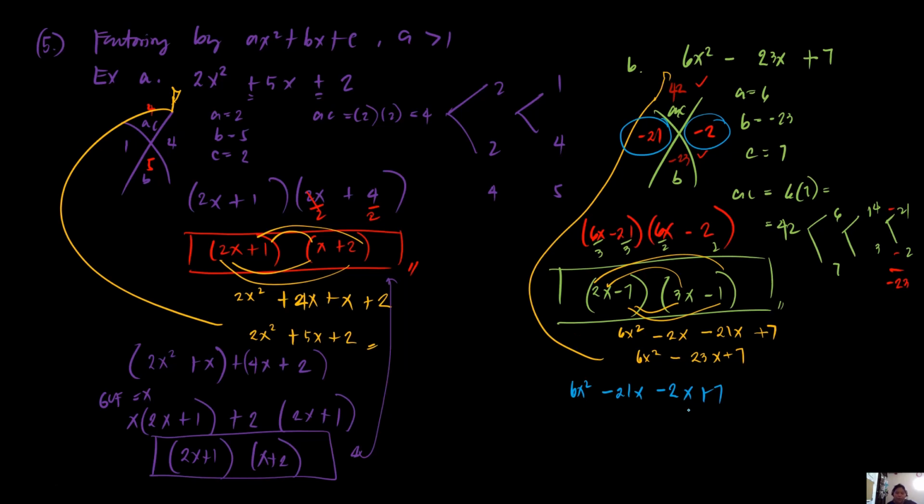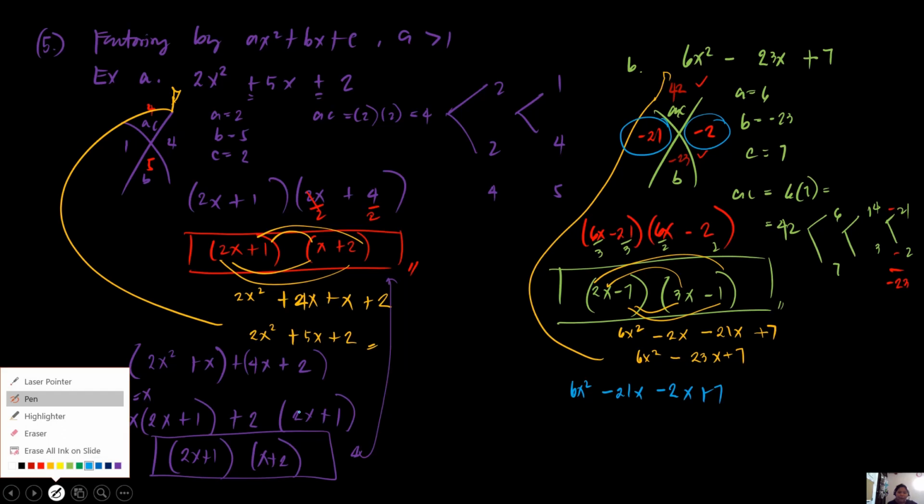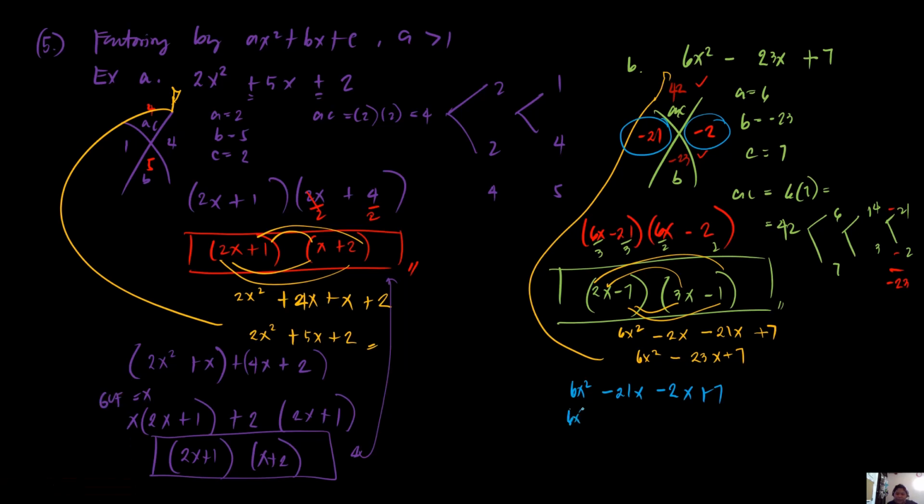Pero si negative 2x and 7, wala silang common factor, so hindi natin sila pwedeng pagsamahin. So, meaning, ang magka-group ay si 6x squared minus 2x. Ang magka-group is negative 21x plus 7. Ayun sinasabi ko sa inyo kanina, class, na hindi sila laging magkatabi.